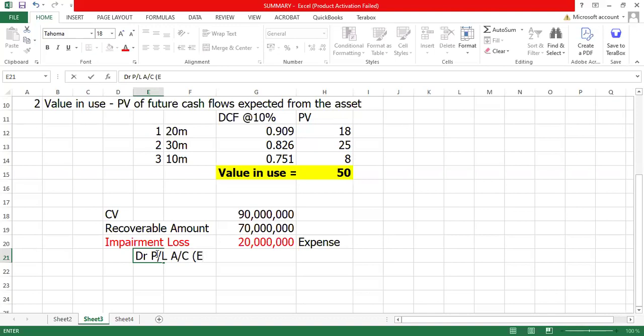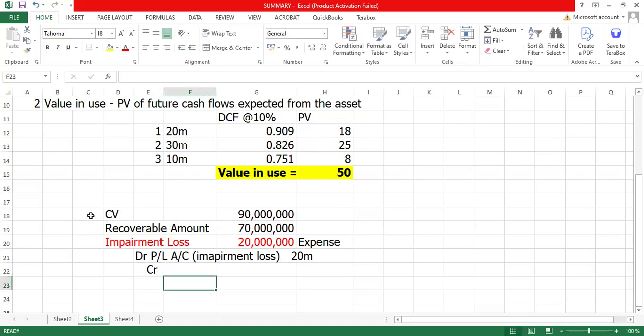This is like the impairment loss expense account. Impairment loss expense account with 20 million. Then you credit the asset. The value of the asset has reduced. So if your asset initially had the value of 90, this value has reduced by 20 million. That's why we are crediting the asset.